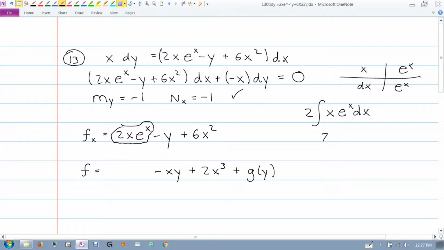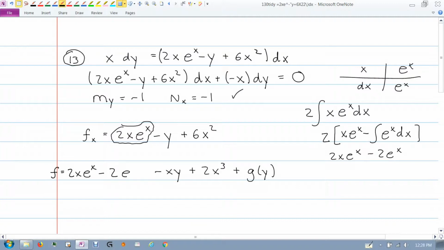This becomes 2 times x e to the x minus integral e to the x dx. And this is going to be 2x e to the x minus 2e to the x. All right, so that all goes here. Let me make myself some room. So 2x e to the x minus 2e to the x. That's a heck of an antiderivative.